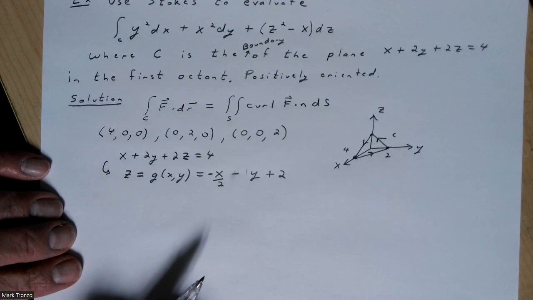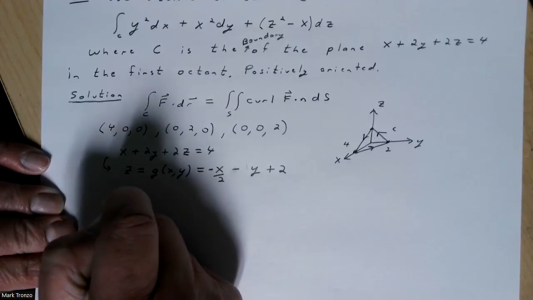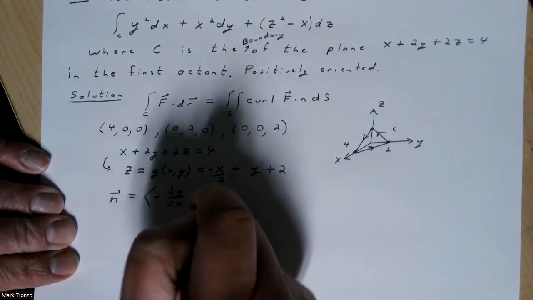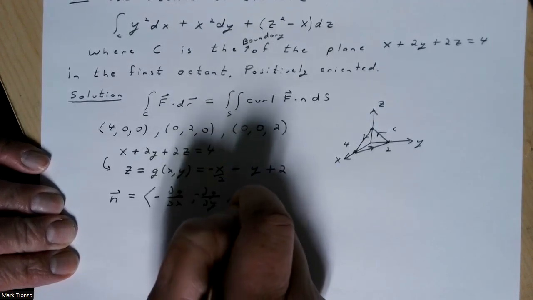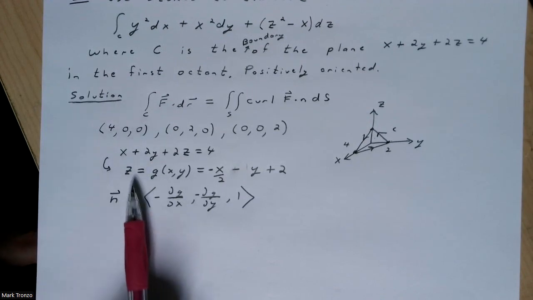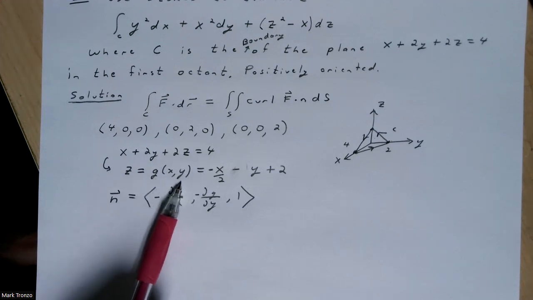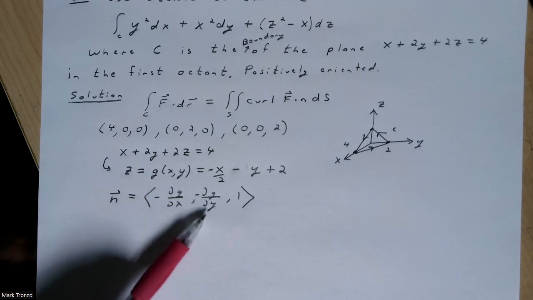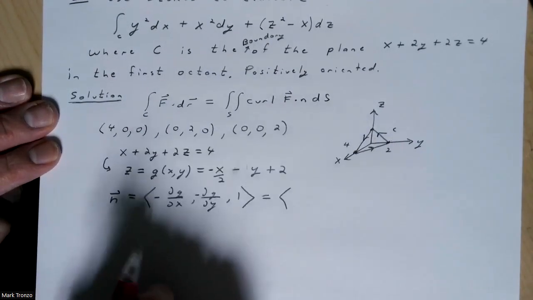And again, remember when you have your surface in this form, you can find your normal by doing negative dg/dx, negative dg/dy, and 1. So remember that's one way you can find a normal vector if you have your surface as a function of x and y. We have z equal to a function of x and y. Then you take the dg/dx, dg/dy, and 1. And so let's do that in this case and put a negative in front.